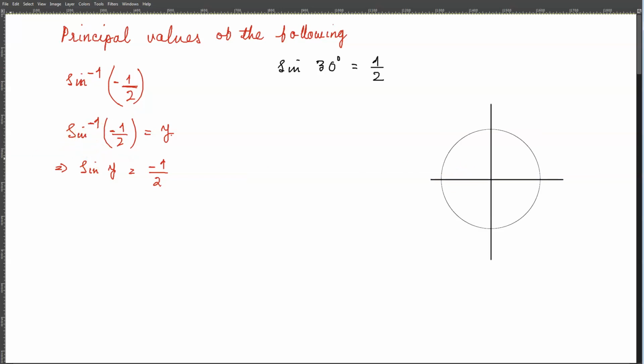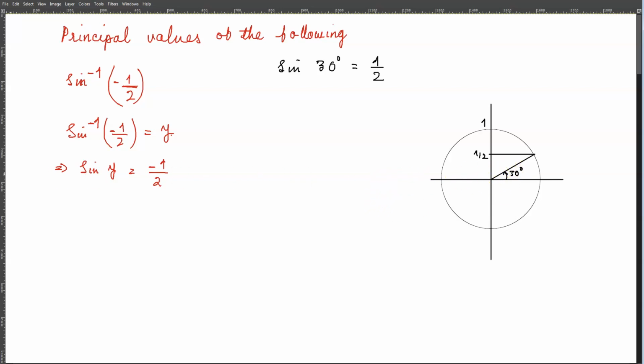So if I do this unit circle here, you can see that if I have a 30-degree angle here, the sine of this angle is going to be equal to 1/2, and this is basically 30 degrees, right?